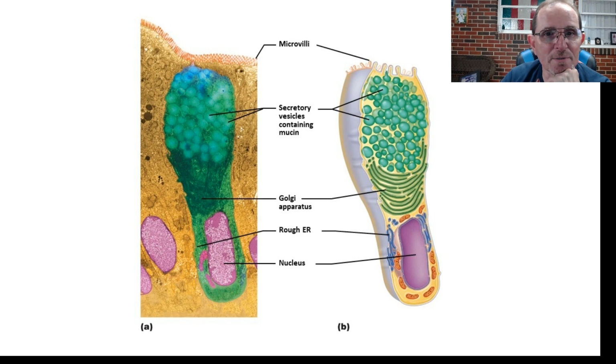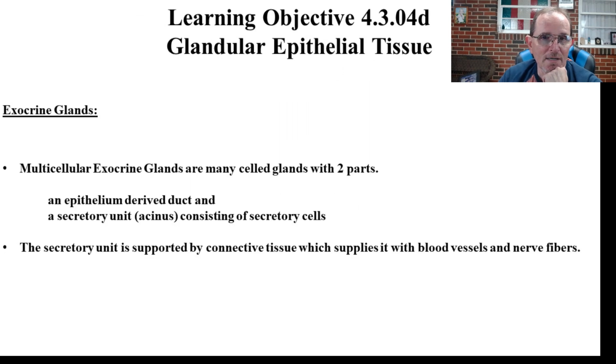There's the goblet cells that we've talked about. Microvilli, these are for secreting. So there's the rough ER, Golgi, and here's all the mucin. It's going to secrete it out through those microvilli, and it's going to coat whatever tube, airway, or GI tract.